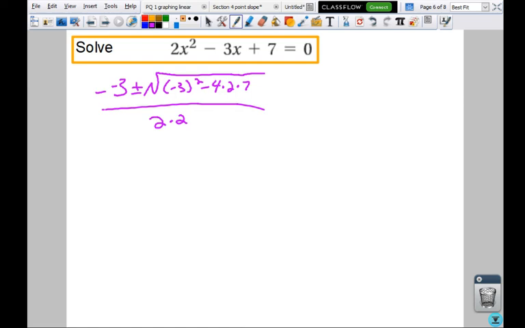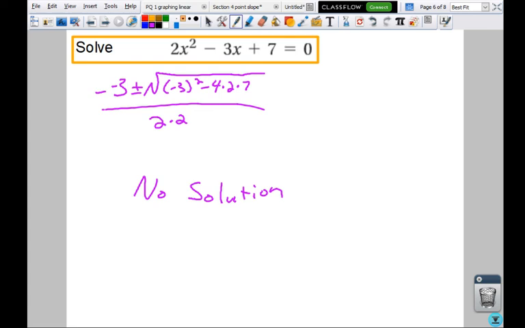So if you plug in your square root and it says undefined, you really have no solution. Our solutions are where our graph crosses the x-axis.